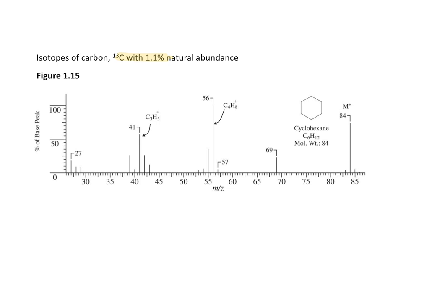For example, with cyclohexane, the molecular ion peak of mass over charge of 84 is accompanied by a small peak at mass over charge of 85.